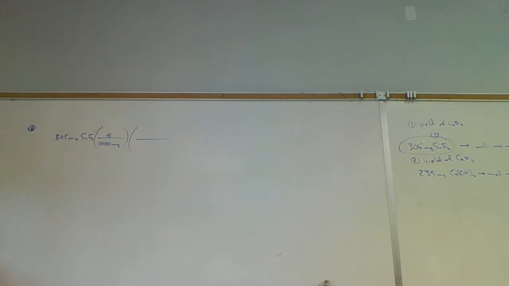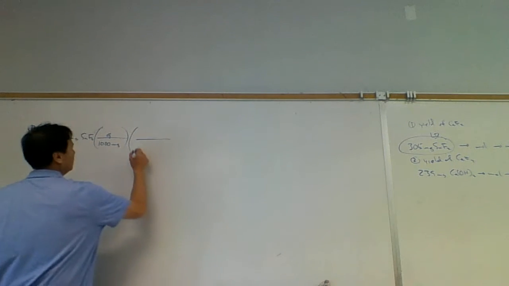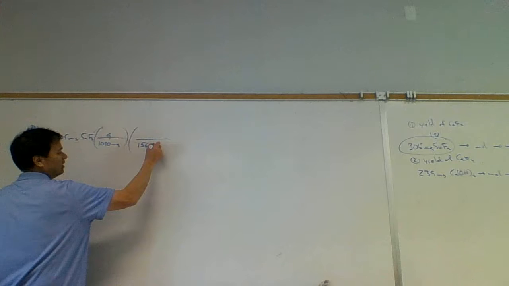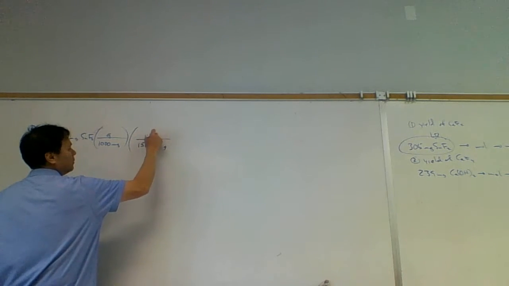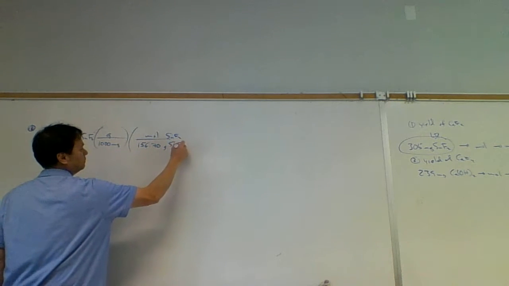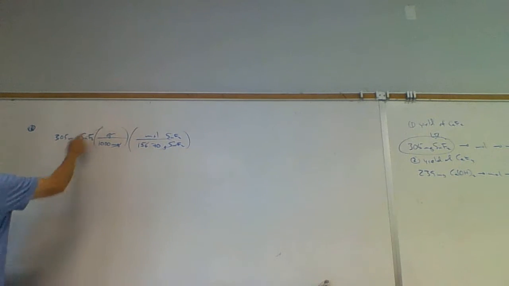What did you get? 156.7 grams per mole. So grams cancel, milligrams cancel, we're left with moles of tin 2 fluoride.